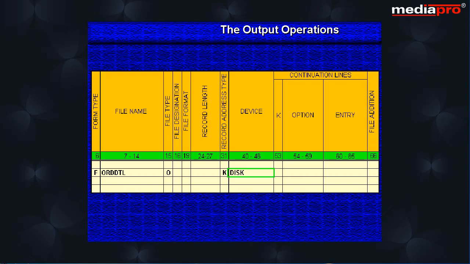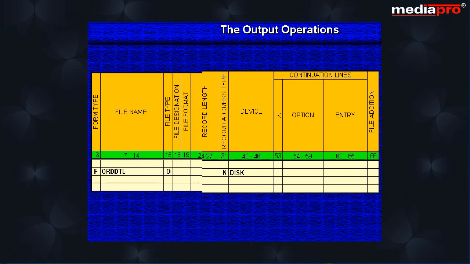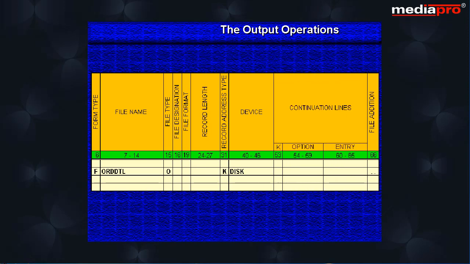We specify disk for the device specification. Also, in addition to this, if we are adding records to the file, an A is required in position 66 of the file specification.